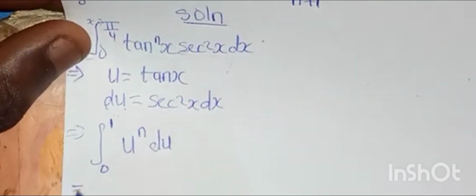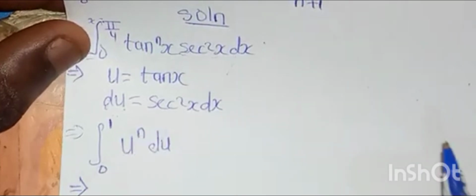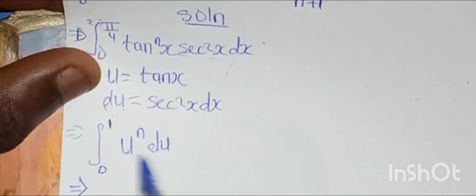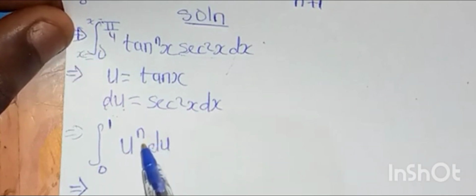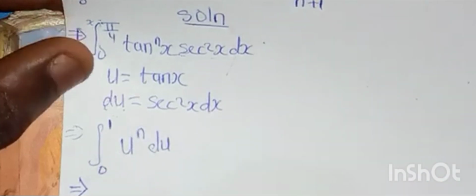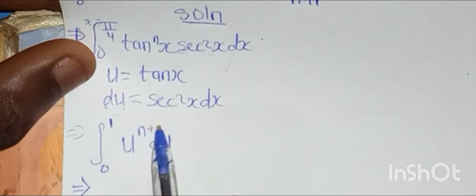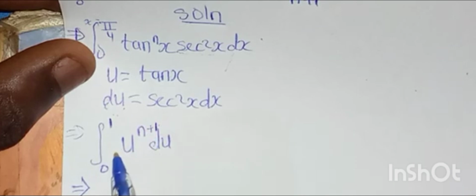So now I want to integrate u to the power n in the u world, therefore I can just do the reverse power rule. I'm just going to add 1 to the power, and divide that by the new power, n plus 1.